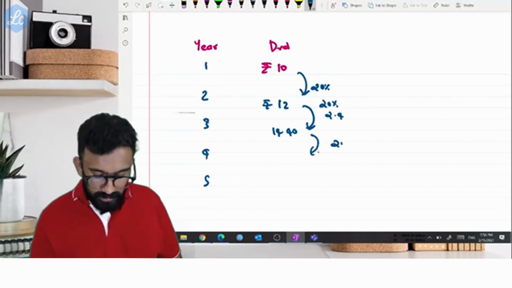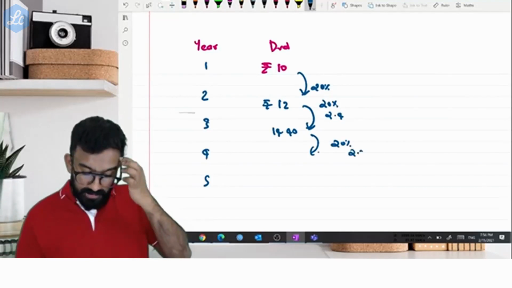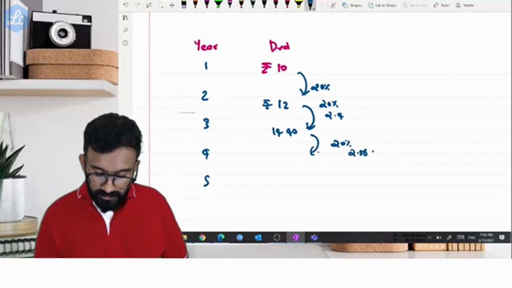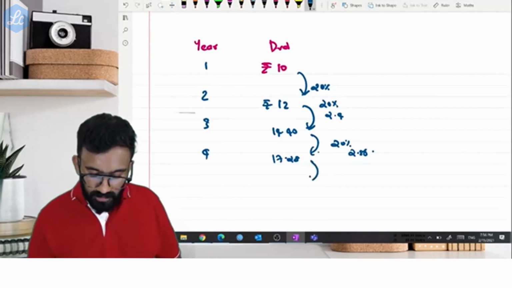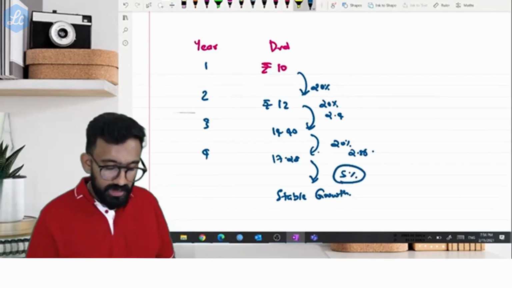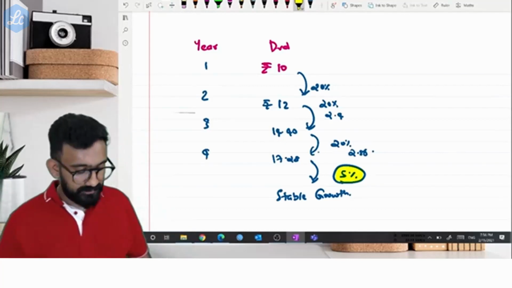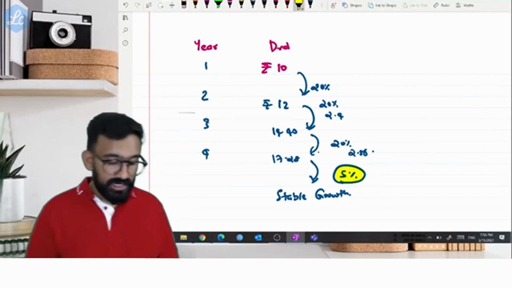Again, it is going to grow 20%, which adds 2.88, which means 17.28. But from this year onwards, it is going to have a stable growth of 5%.